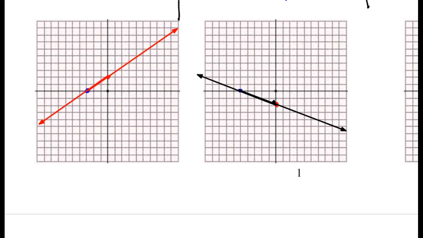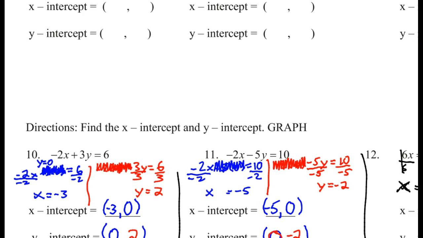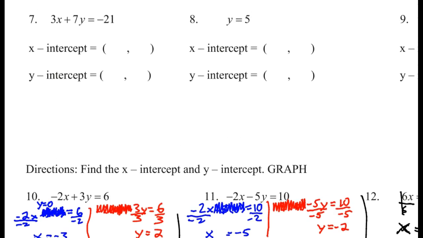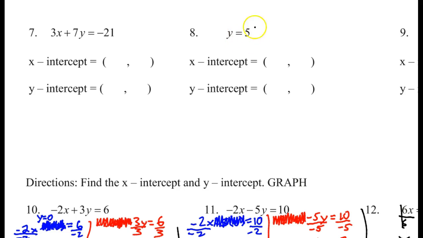Think, yeah, like number 8. Number 8, you can see there's no x, so there's not going to be an x-intercept here. It's missing the x.